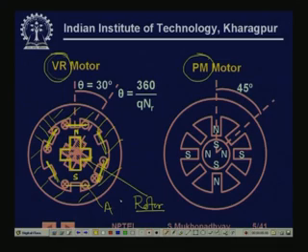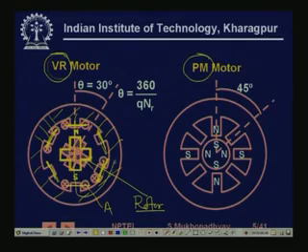Why is it aligned? Because it will align itself so that there is the least reluctance of the flux path. As you can see, the reluctance of the flux path for different angles of the rotor is actually different.